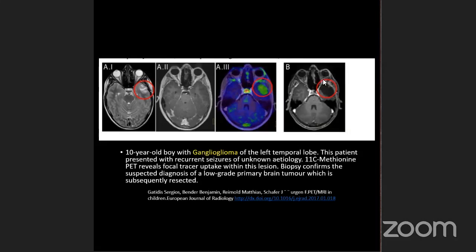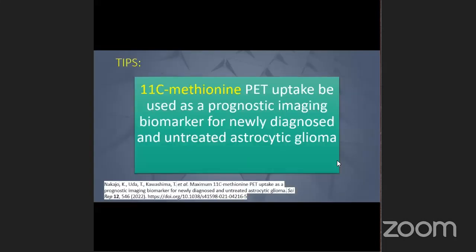So in this patient again, you get a good assessment that there is avid uptake here, and you did the resection, so you managed the surgery. You can make good management through such a case.